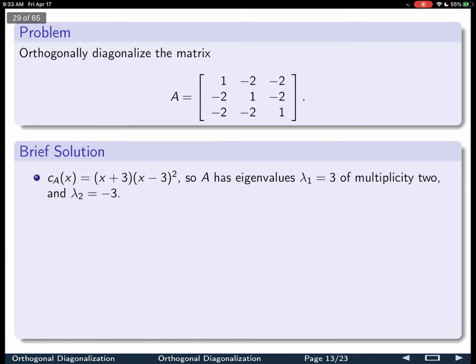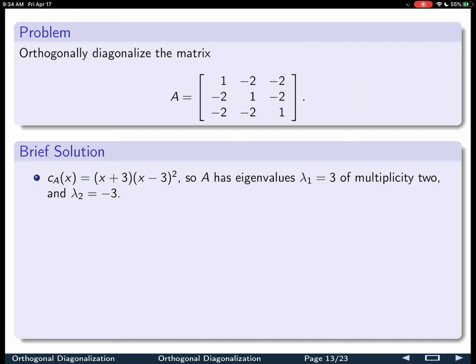So you calculate a characteristic polynomial based on the determinant of lambda I minus A. So characteristic polynomial first. In this instance, we've got two eigenvalues, 3 and negative 3, and the eigenvalue of 3 is repeated. So it has multiplicity 2.